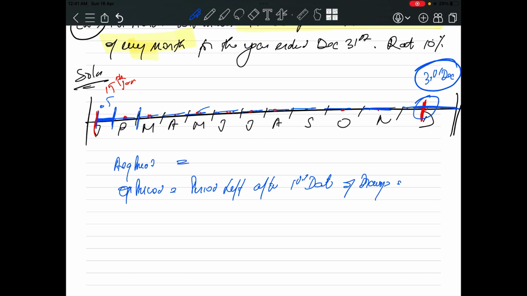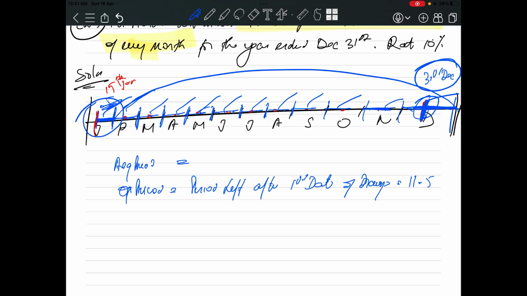Now from here you will count the full months: 1 month, 2, 3, 4, 5, 6, 7, 8, 9, 10, 11. Sorry, 11, yes, this is December only, no? So what is the period left? I will say 11.5: 11 months from here and 0.5 here.